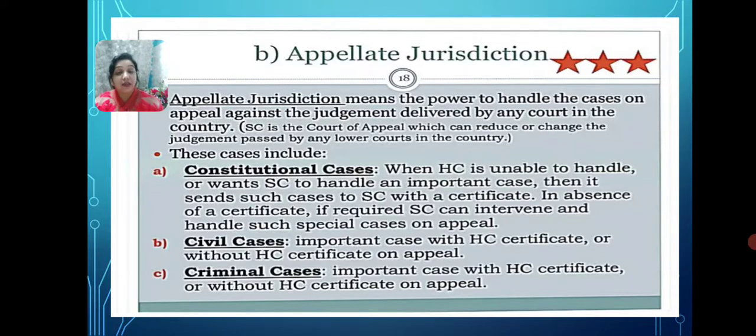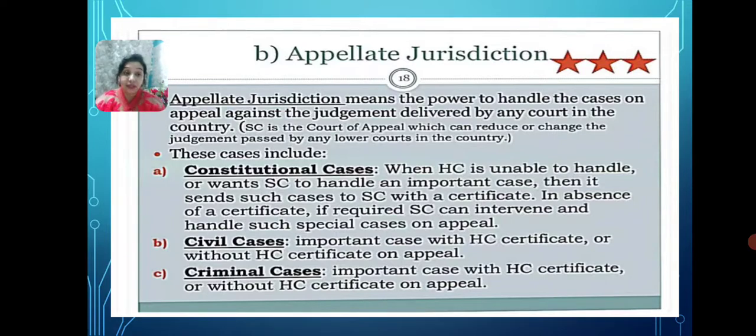Now what types of cases are included in the appellate jurisdiction? Number one, constitutional cases related to constitutional matters. When the high court is unable to handle or wants the Supreme Court to handle an important case, then it sends such cases to the Supreme Court with a certificate.